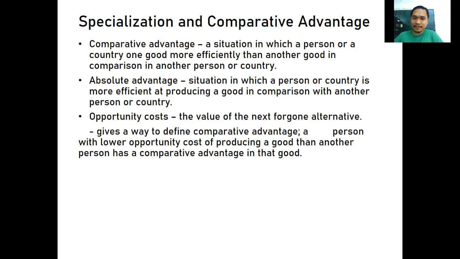And in absolute advantage, a country or a person is more efficient at producing the good compared with another person or another country. At least for the comparative, it is the good that is more efficient. For the absolute, it is the person or the country that is more efficient at producing a good.